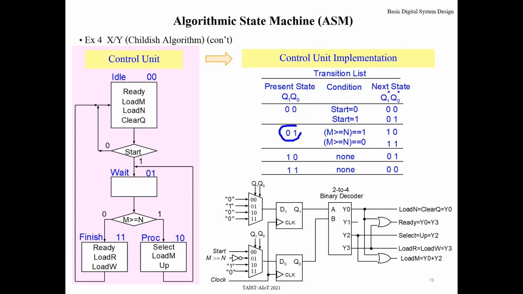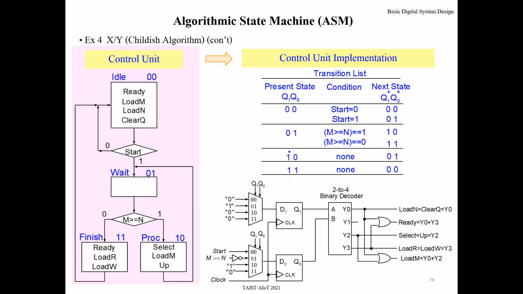At state 0 1, when clock tick, Q0 star becomes the opposite of the value of the comparator. So you apply the inverse of this comparator at this position.